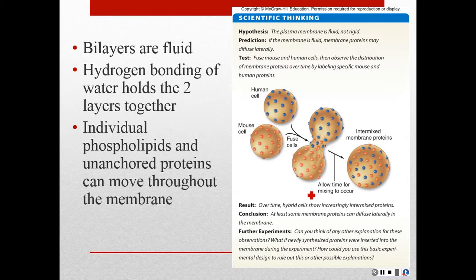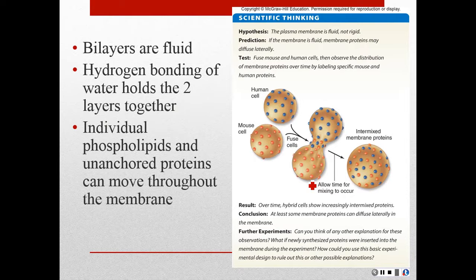The lipid bilayer is stable because water's affinity for hydrogen bonding never stops. Basically, they always want to bond, like I said in the previous slide. These hydrogens will always want to bond with something.